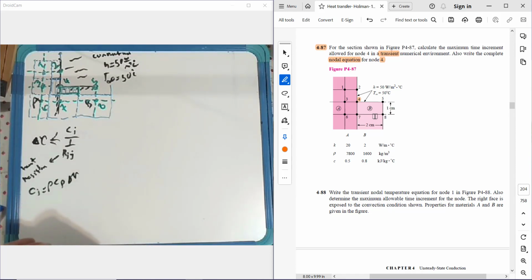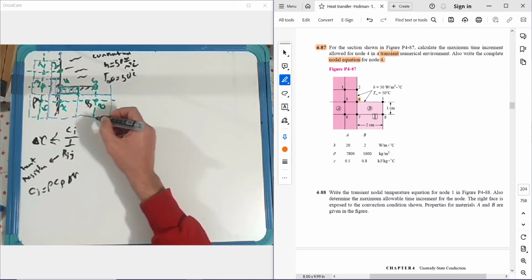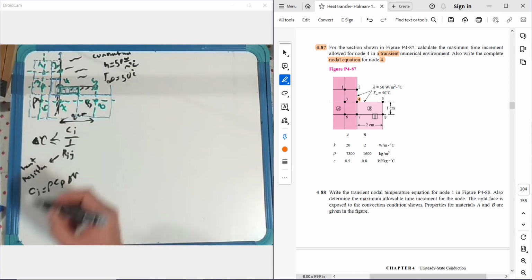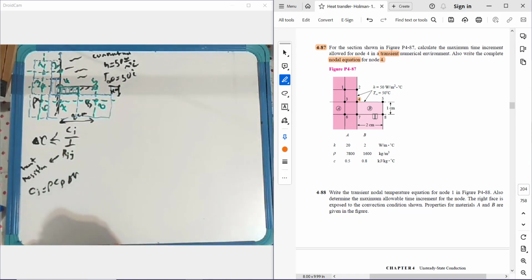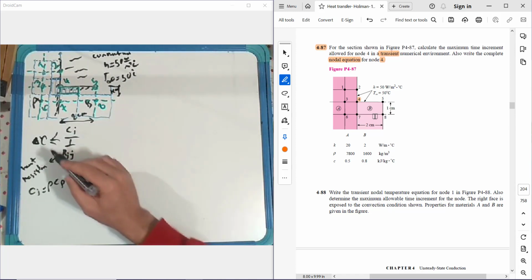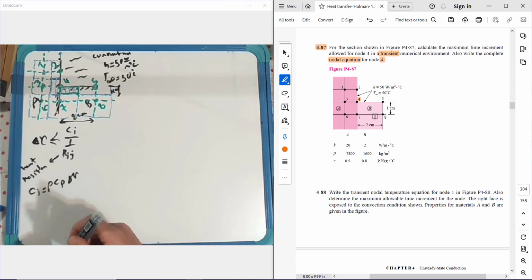And about the dimensions, this here is 2 centimeters, and this is 1 centimeter. So this is 1 centimeter, and from this point to this point is 2 centimeters.